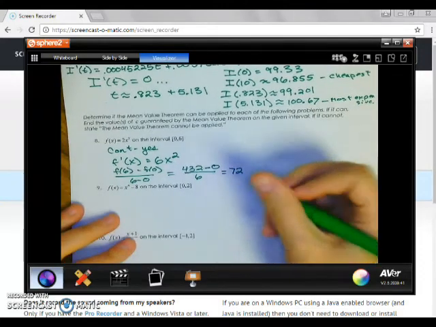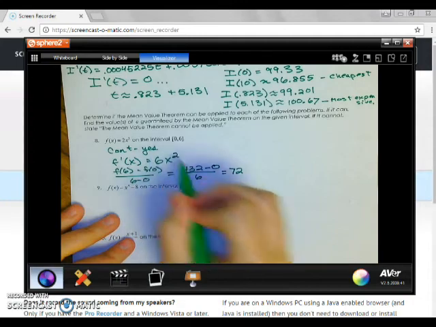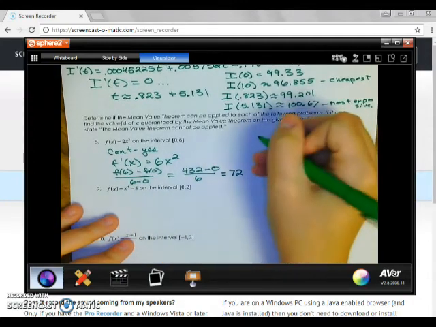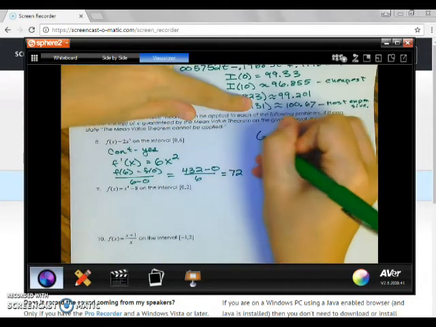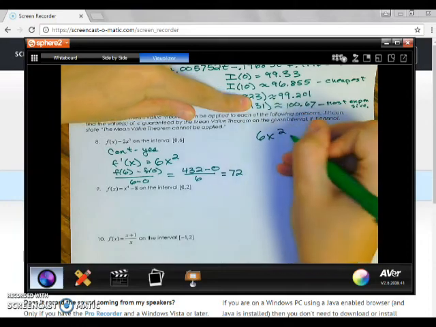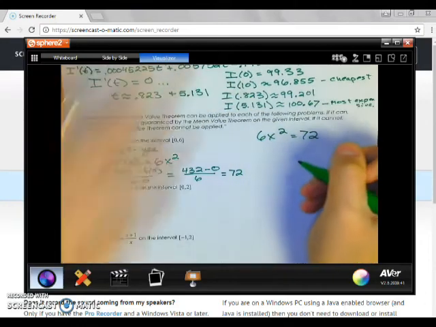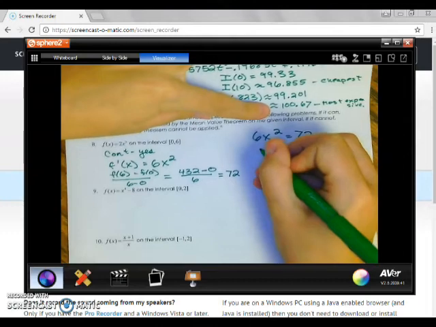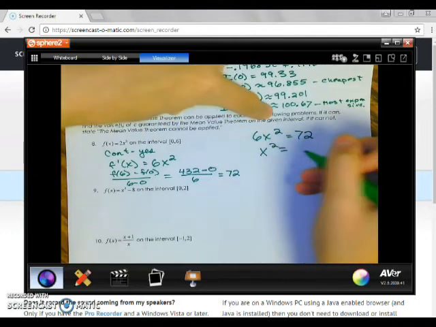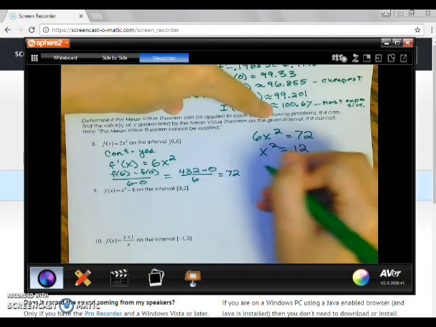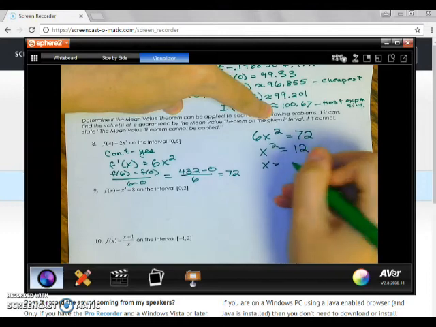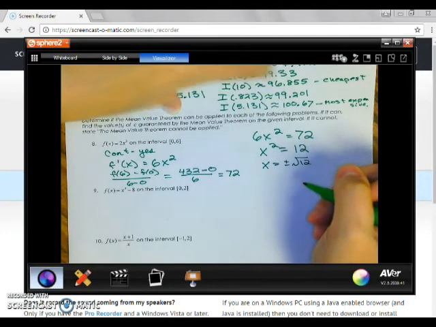Now what I do is I take this and that 72 and I set them equal to each other. So where does 6x squared equal 72 is what I'm trying to figure out. Divide both sides by 6. And so then x equals plus or minus the square root of 12.